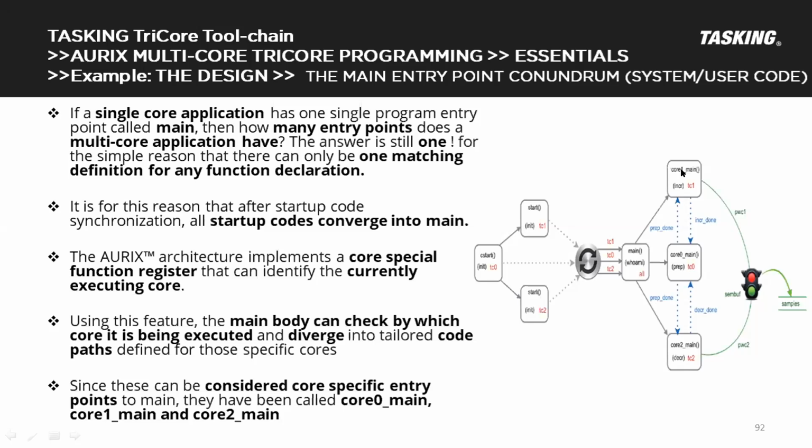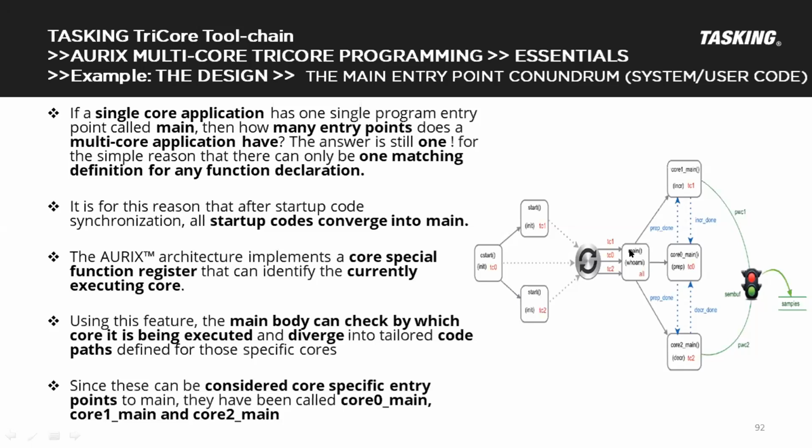So if I am executing on core number 1, a certain task will be fired. If I'm executing on core number 0, a certain other task will be fired. And if I'm executing on core number 2, certain other task will be fired. So as I mentioned, you have only one main for a multi-core based application.